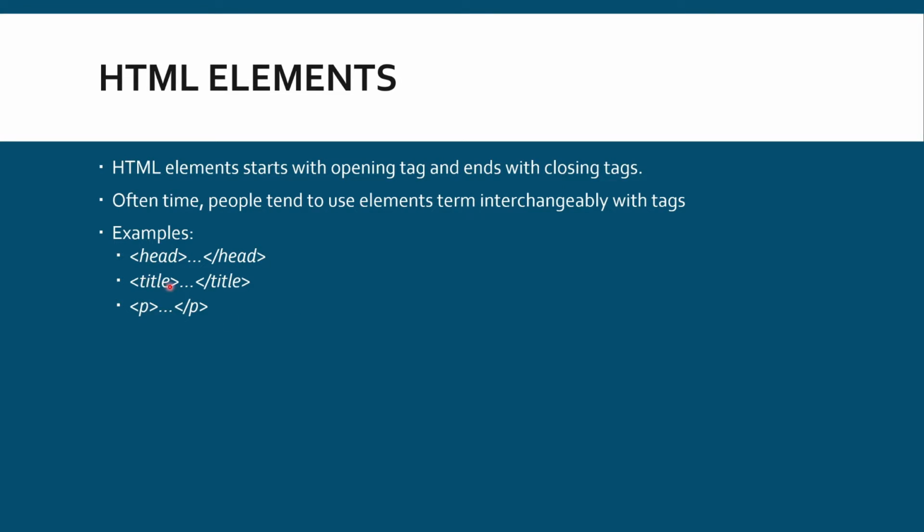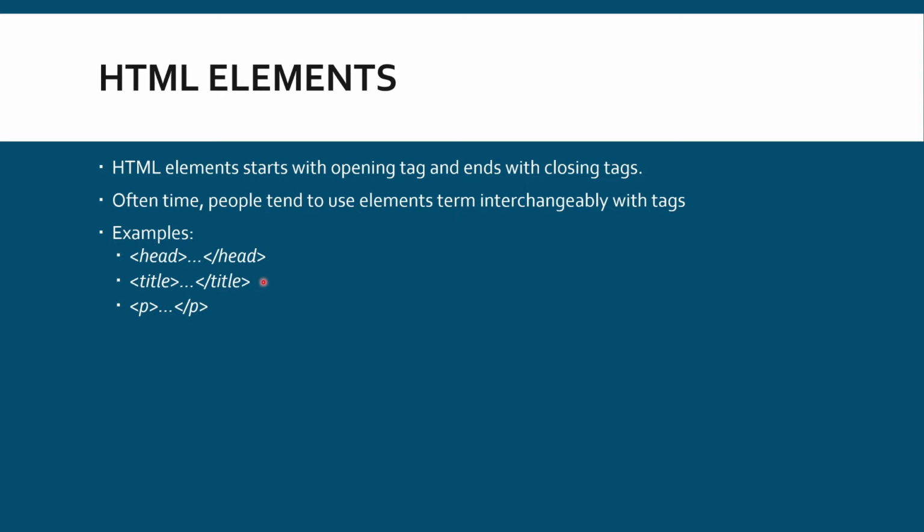Again, this is a tag, and the tag name is title. This is an opening tag, and we have some content here, and we have a closing tag, and this whole thing is known as an element. All right. In case of a self-closing tag, we can just simply say the element as well, I guess.